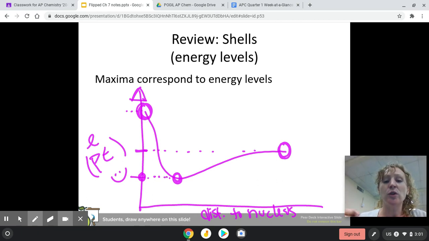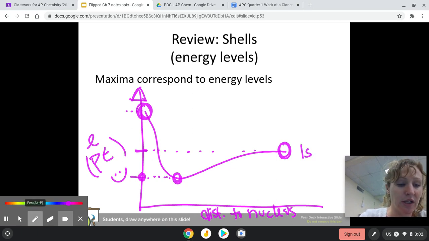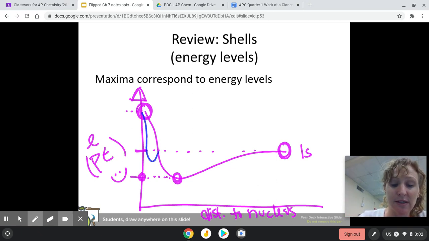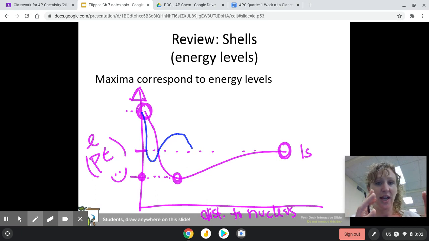Now, as you look at other energy shells, so let's say this is our 1s shell. If we look at a second energy shell, a 2s shell, what we're going to see is that that lowest potential energy point, that dip, is going to happen closer to the nucleus. But then we're also going to get a node where our first energy shell happens because those electrons will push away the 2s electrons.